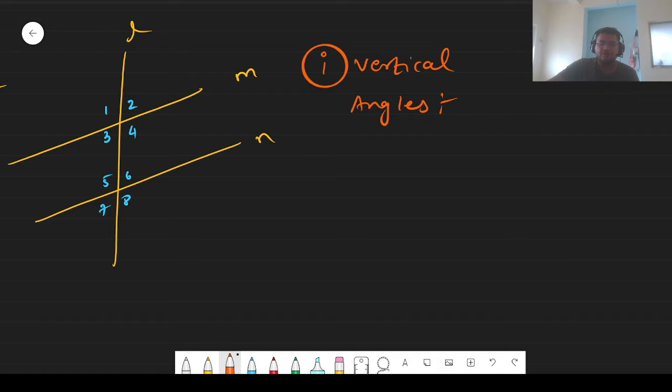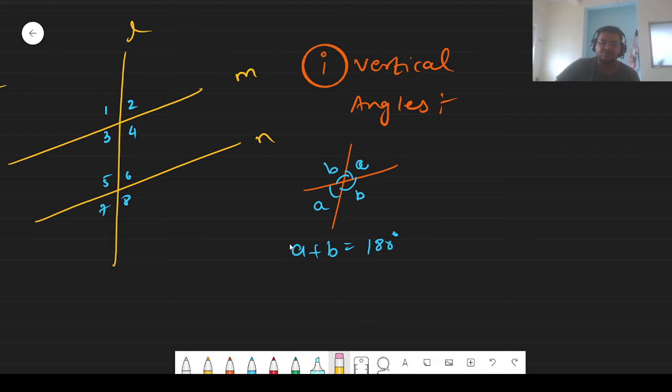If two lines are intersecting lines, and the angles are formed on the opposite sides of the lines, that is, if this is angle A, then this will also be angle A. If this is angle B, then this will also be angle B. Also A plus B will be equal to 180 degrees because they are supplementary angles.